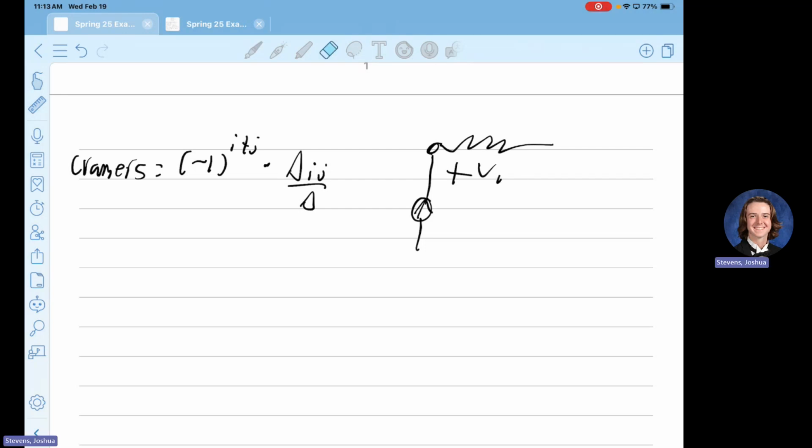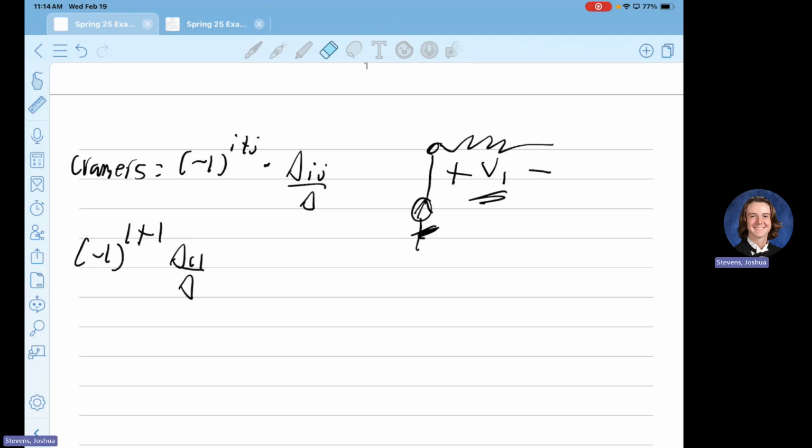That's V1, positive V1. So if you were to do Cramer's, it'd be (-1)^(1+1) because our reference is in 1 and our voltage is in 1, as in we're looking at node 1, and then delta 1,1 over delta. That kind of makes sense?